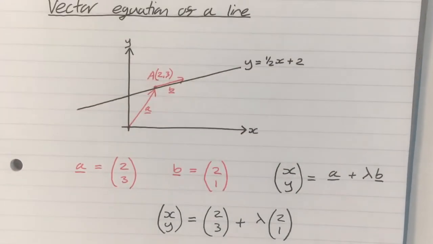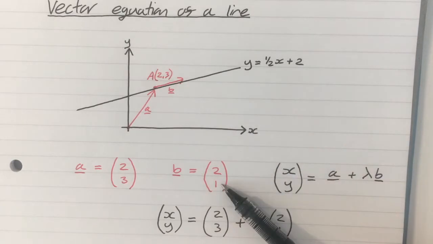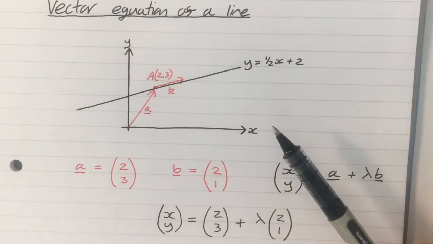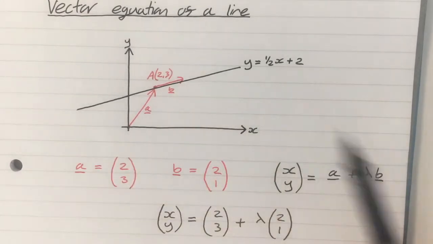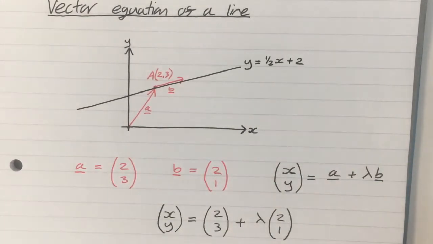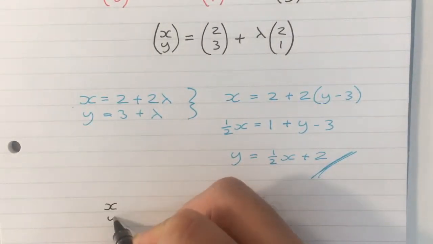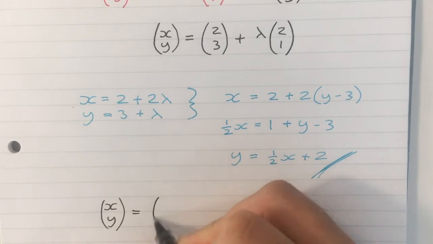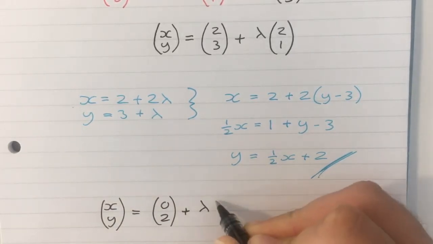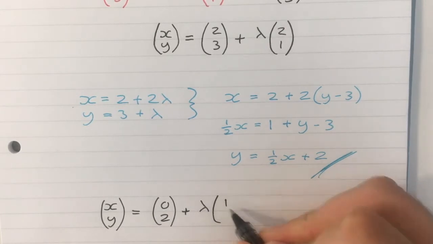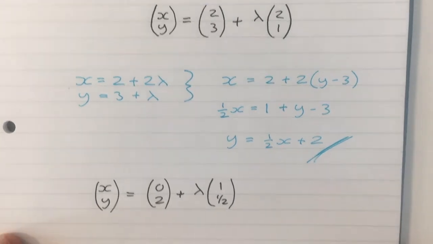Of course, because this vector here, the vector A, can be any point on the line, and the vector B is any direction of the line, then there are actually an infinite number of equations that can represent this line. So we could also have (x, y) is equal to (0, 2) plus lambda times (1, 1/2). Okay? That's on the line. Well, that's the equation of the line.